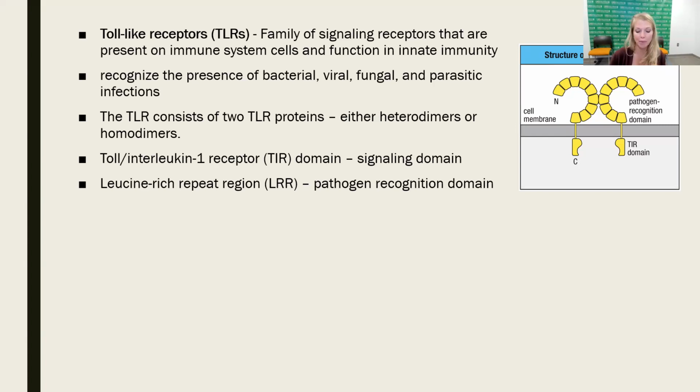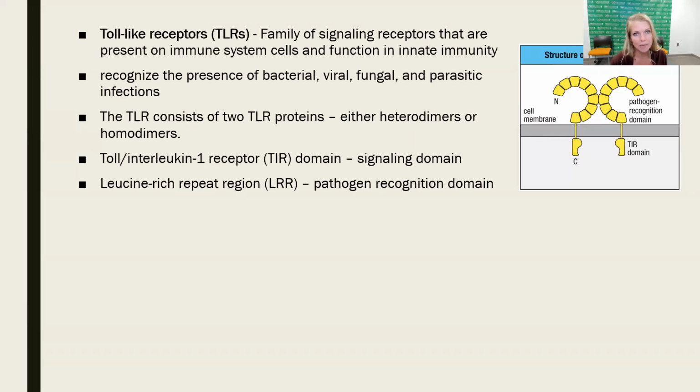They're going to be named by number, and they're a family of signaling proteins that are going to be either embedded in the external lipid bilayer or membrane of the macrophage or NK cell or whatever type of cell we're looking at, or inside the vesicle, facing into the cytoplasm. And so toll-like receptors, depending on which protein we're looking at specifically, will recognize a lot of different components of bacteria and viral, as well as some fungal and parasitic patterns.